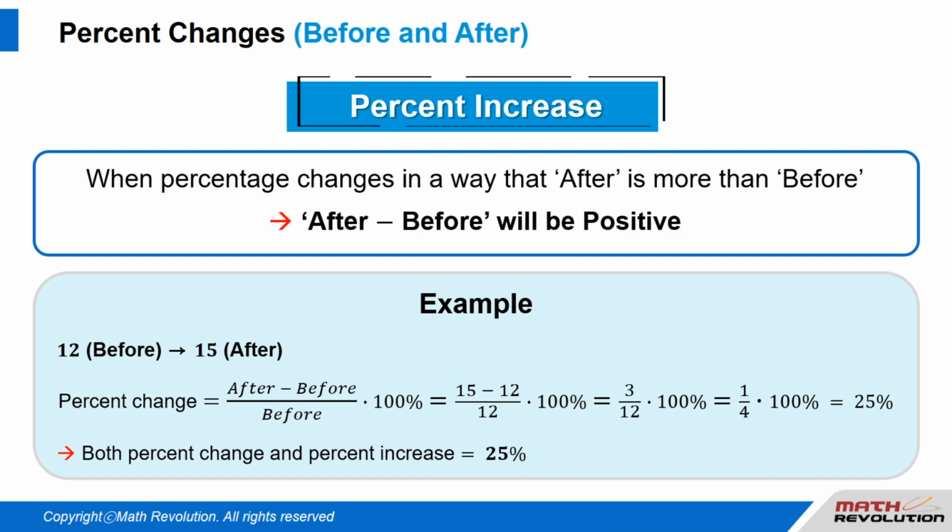Percent increase equals after minus before over before times 100%, which equals 15 minus 12 over 12 times 100%, which is equal to 3 over 12 times 100%, which equals 1 over 4 times 100, which equals 25%. Therefore, both the percent change and the percent increase are 25%.